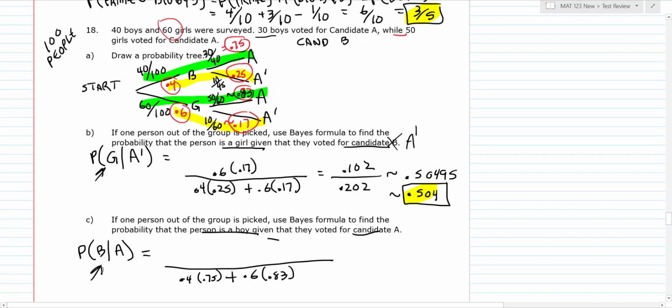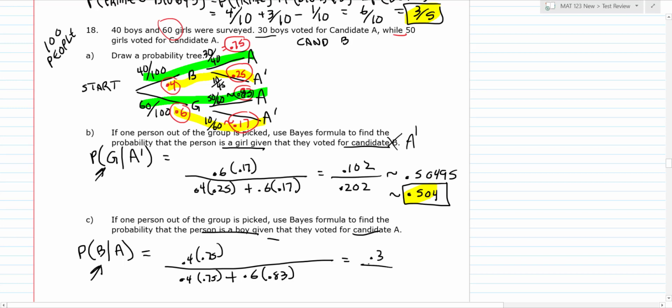And then the probability of a boy given A would only be this route, so that would be 0.4 times 0.75. Okay, we go to the calculator, so 0.4 times 0.75 is going to give 0.3 there.